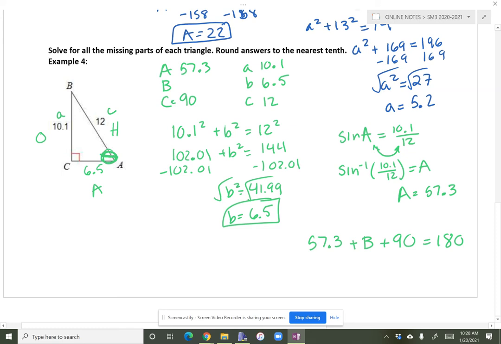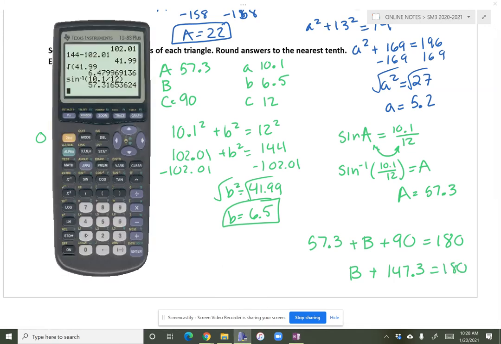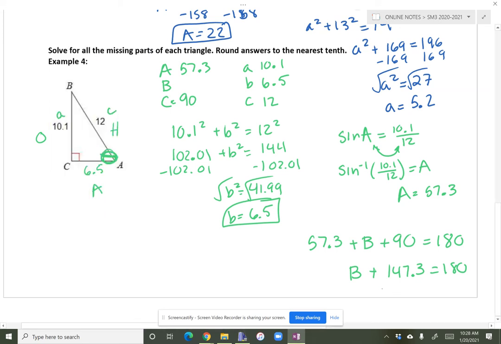You combine like terms and you get B plus 147.3 equals 180. And then I take 180 minus the 147.3, and I get 32.7. So B equals 32.7.